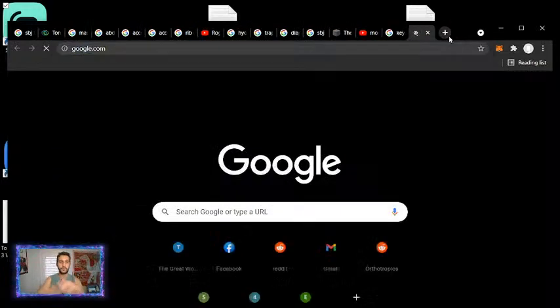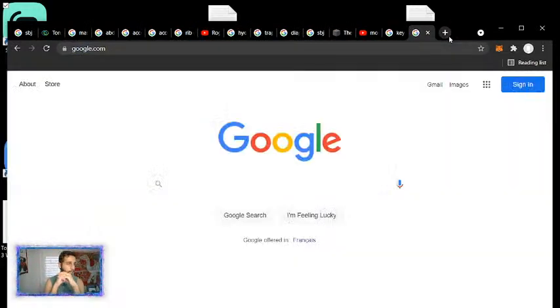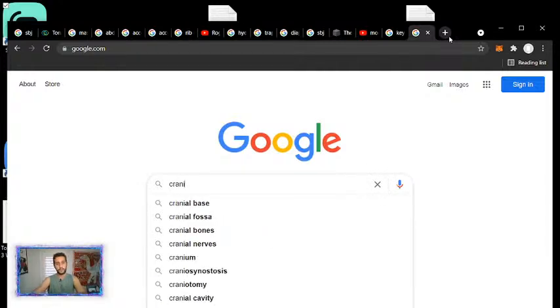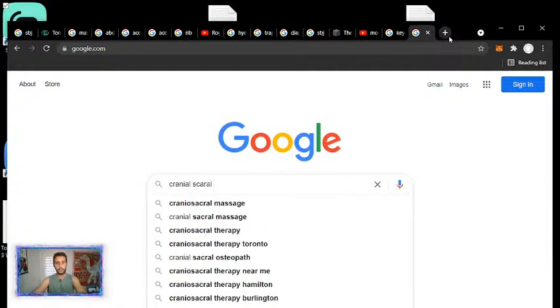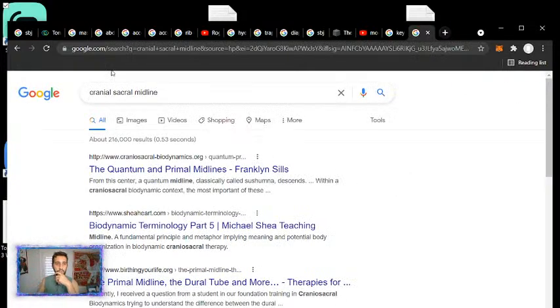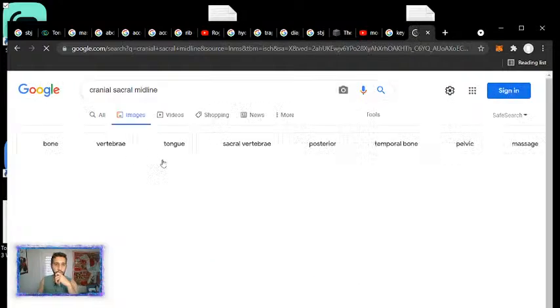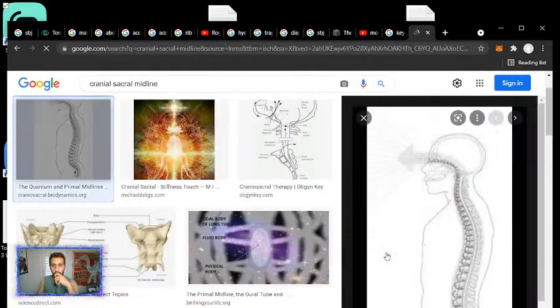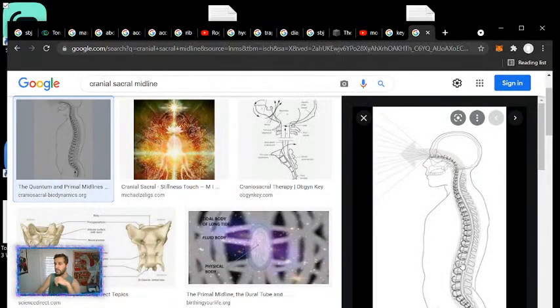And actually in craniosacral therapy theory, what is it called? Midline. The midline actually goes all the way from your sacrum through, this is another one of the connections that I made.